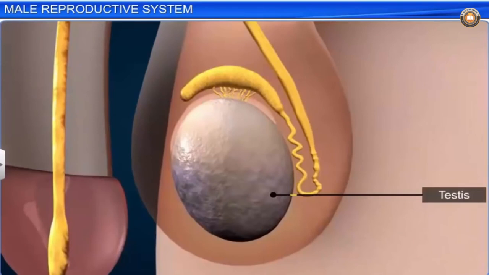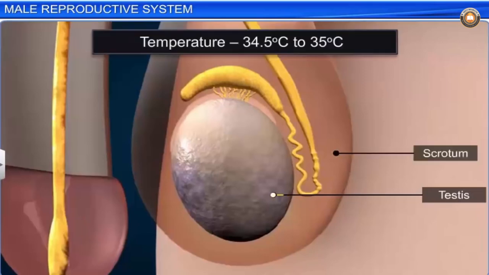The testes need to be at a temperature of 2 to 2.5 degrees less than the body temperature to produce sperms. Hence, the scrotum is outside the body and has a temperature lower than the body.